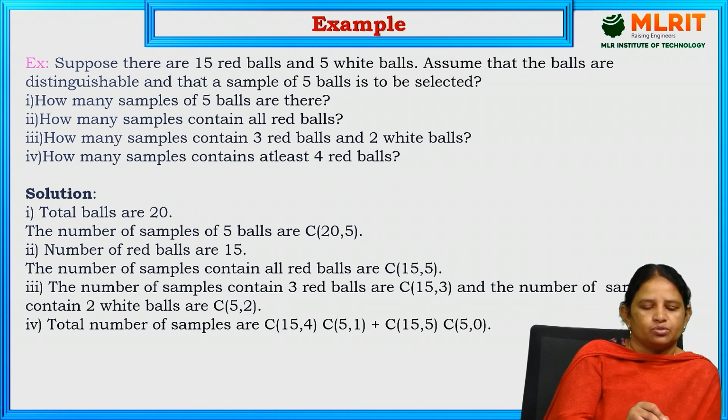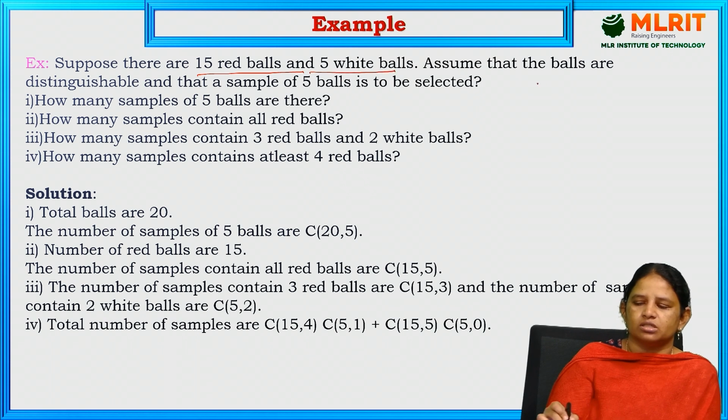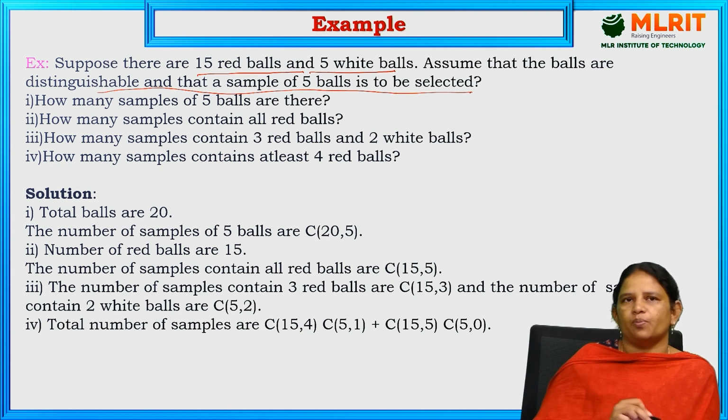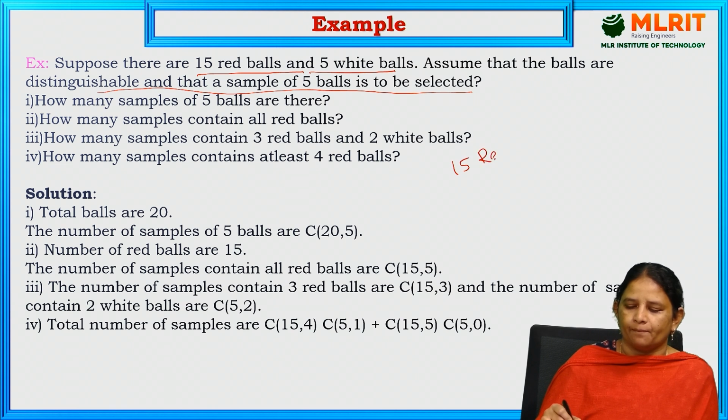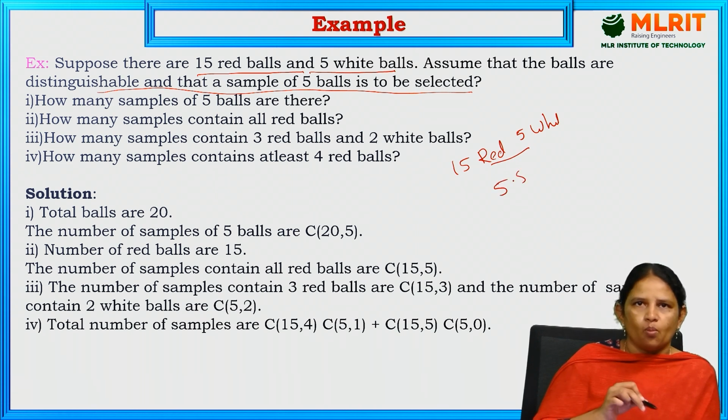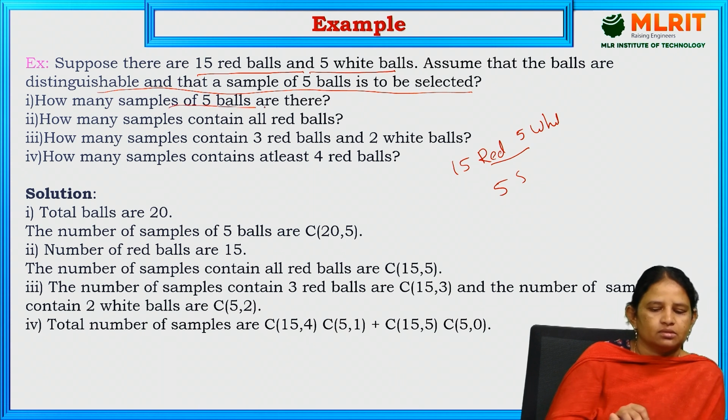So, next one more example. Suppose there are 15 red balls and 5 white balls. Assume that the balls are distinguishable and a sample of 5 balls is to be selected. How many ways are there?